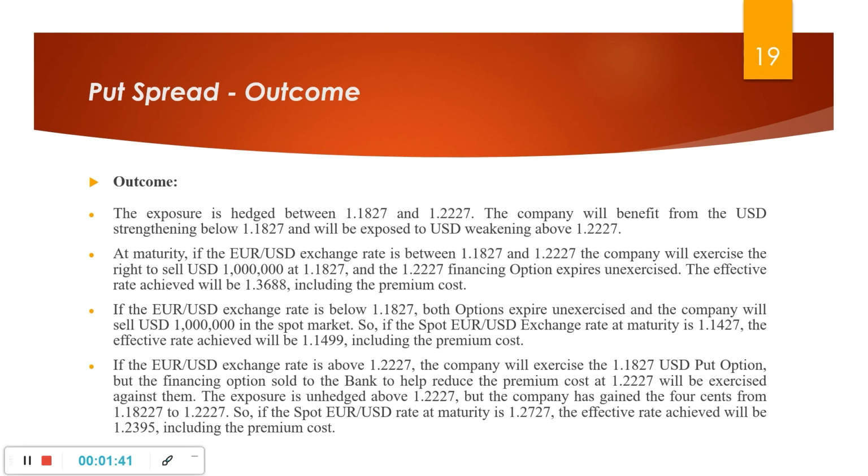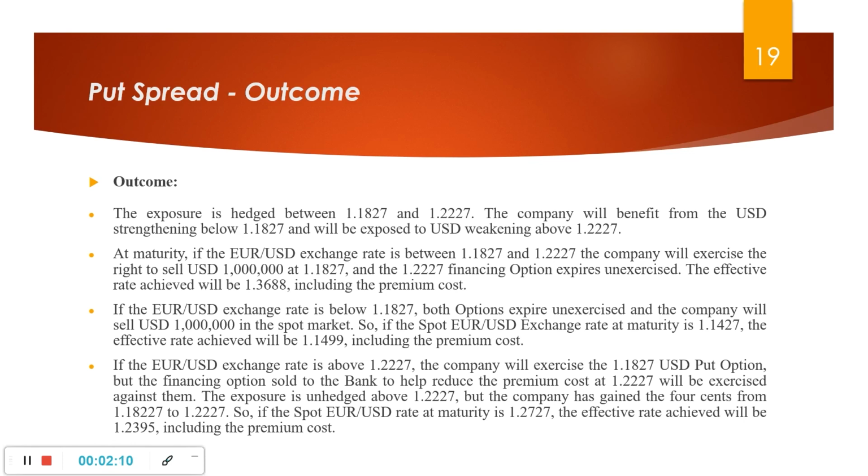At maturity, if the Euro USD exchange rate is between 1.1827 and 1.2227, the company will exercise the right to sell USD 1 million at 1.1827 and the 1.2227 financing option expires unexercised. The effective rate achieved will be 1.3688 including the premium cost.